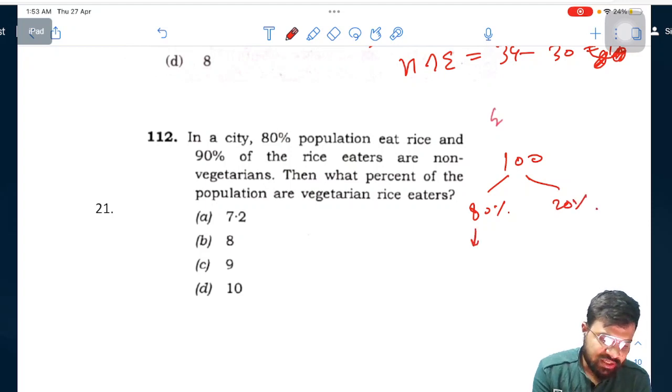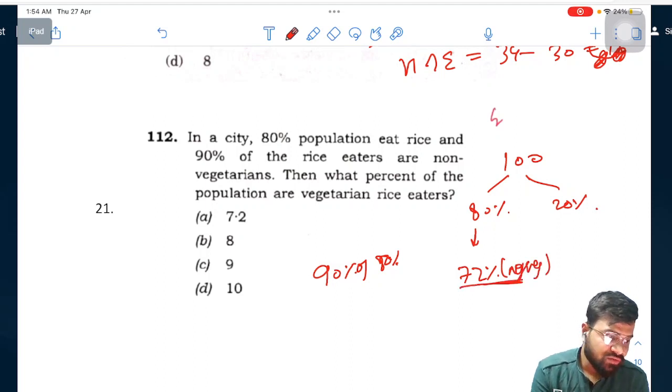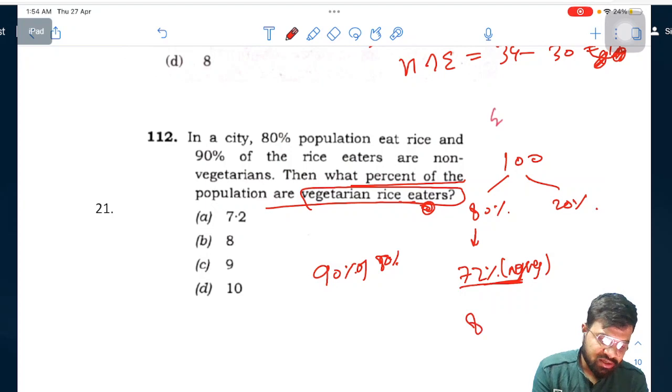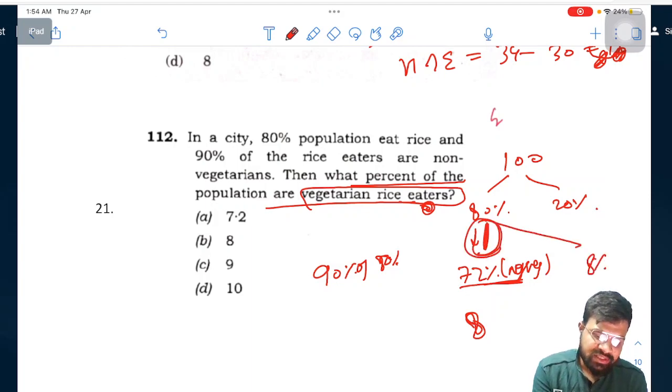Out of this 80%, 90% of this 80% means 72%, so 72% are non-vegetarians. What percentage of the population are vegetarian rice eaters? That means this 8, so 8% are there. So 72% are non-veg and 8% are veg.